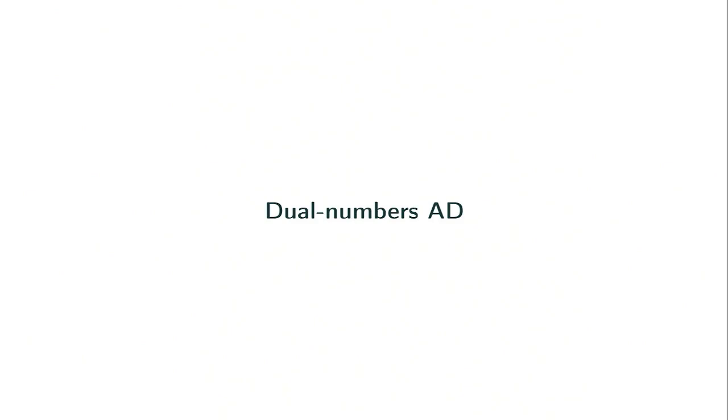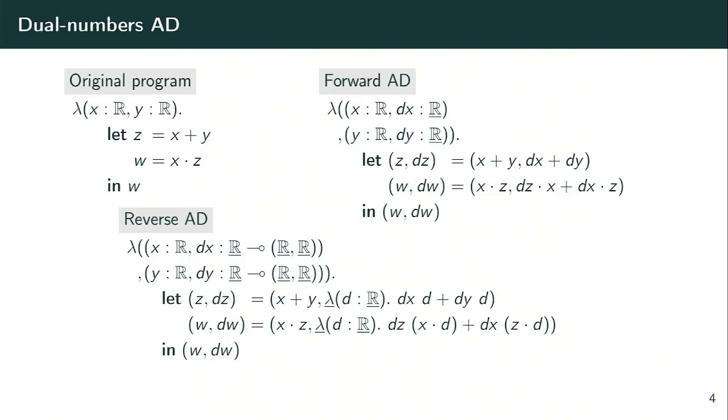So the style we're looking at is dual numbers AD. So what is dual numbers AD? Consider the original program on the left top of the slide, which is a simple program that takes two real scalars as input, adds them together, multiplies x to that result, and then returns w.